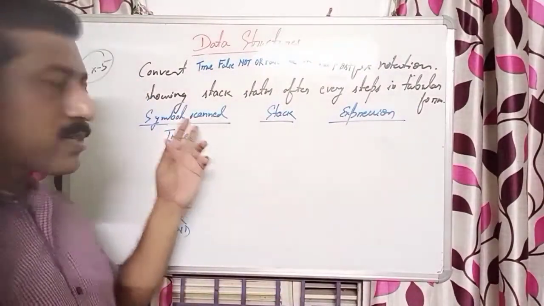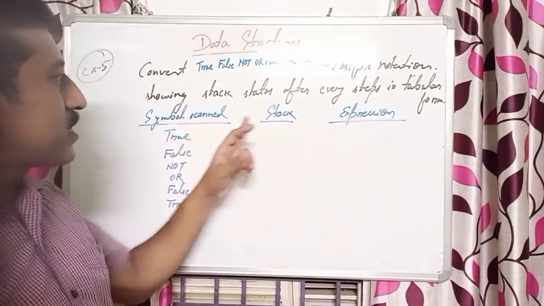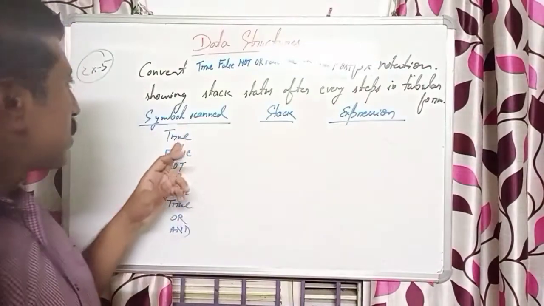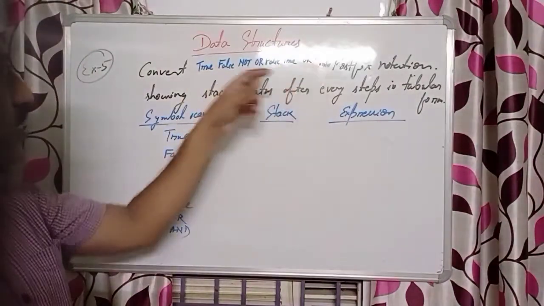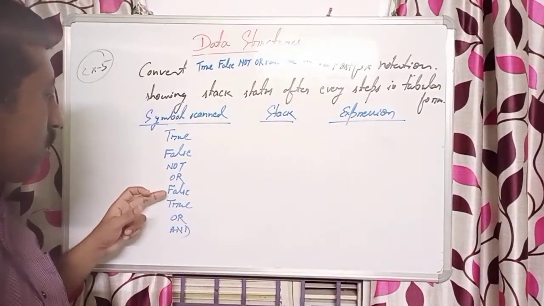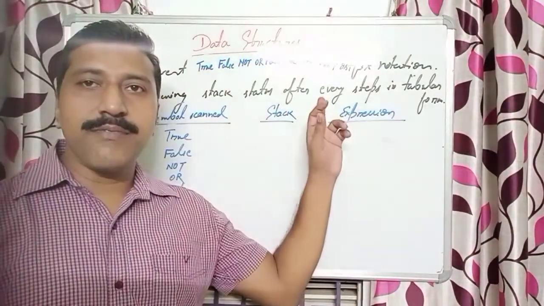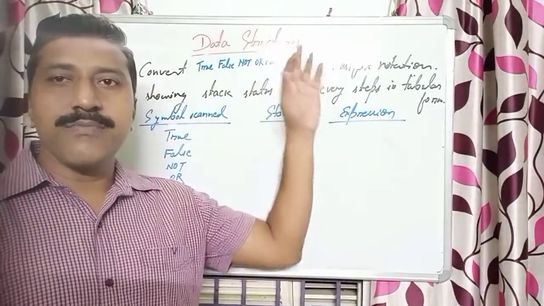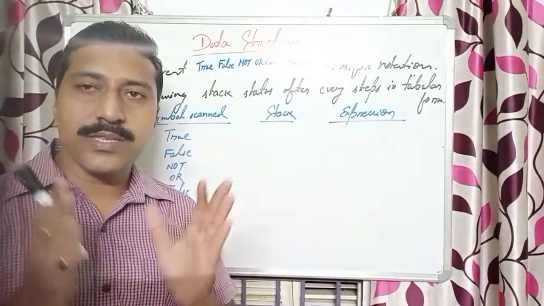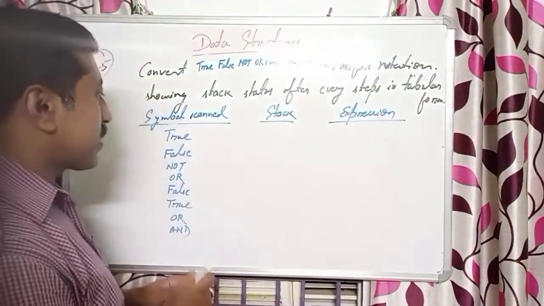Okay, the first 3 columns we'll do according to the previous one: symbol scanned, stack, and expression. Everything I have written here, I will scan, all the scanned objects in one column. Okay, so now let us start.